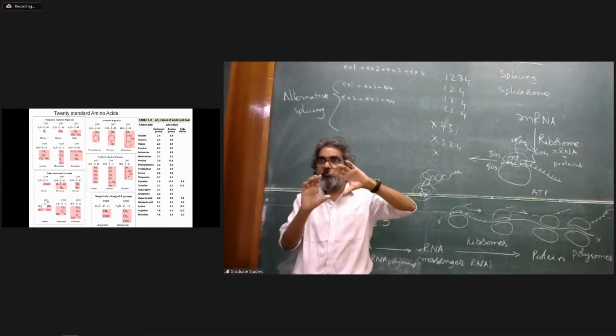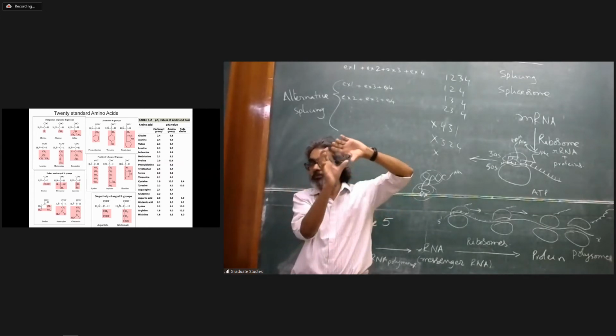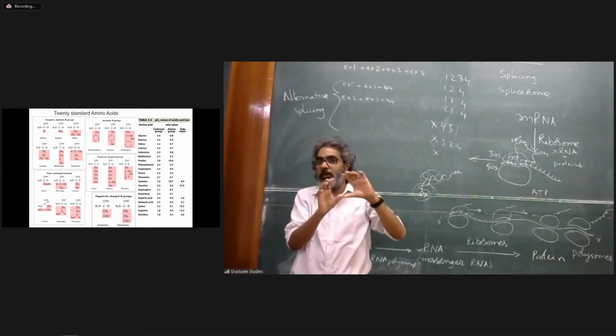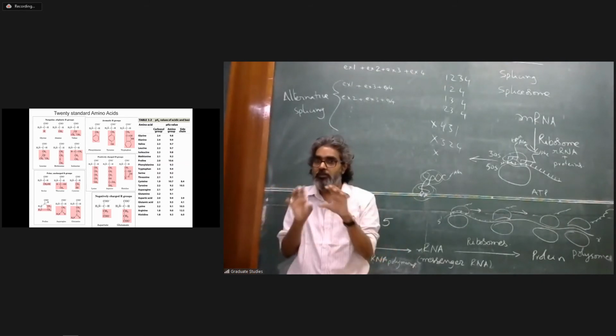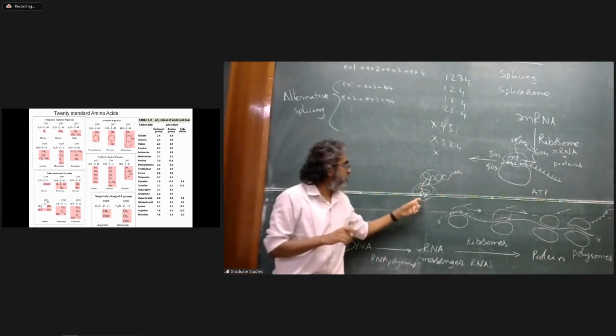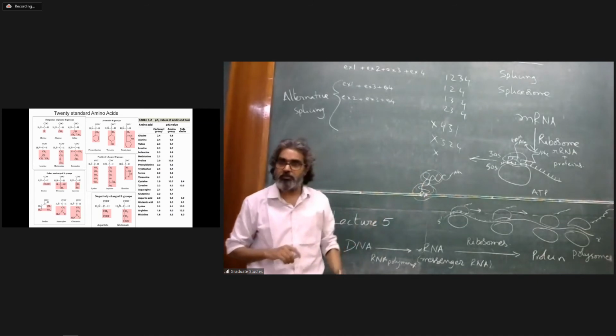You need some global structural similarity because finally all need to come out of the ribosome. The ribosome cannot accommodate grossly different shapes. So the overall shape might be similar, but the recognition element is very important.